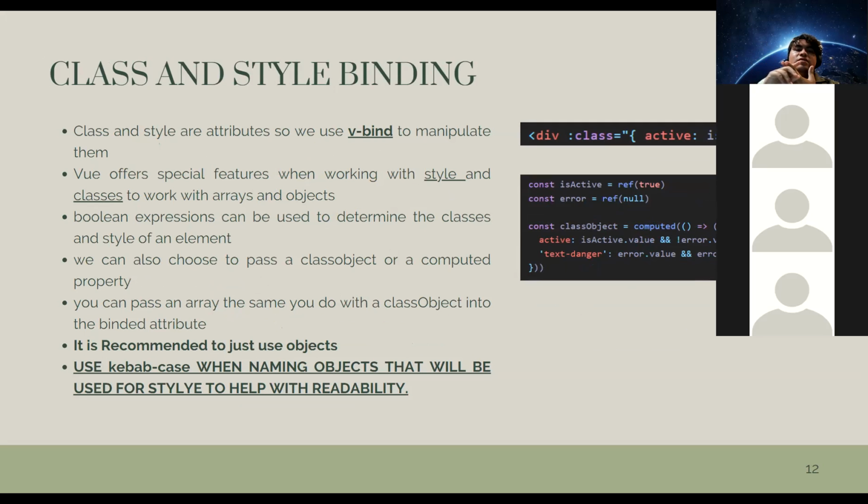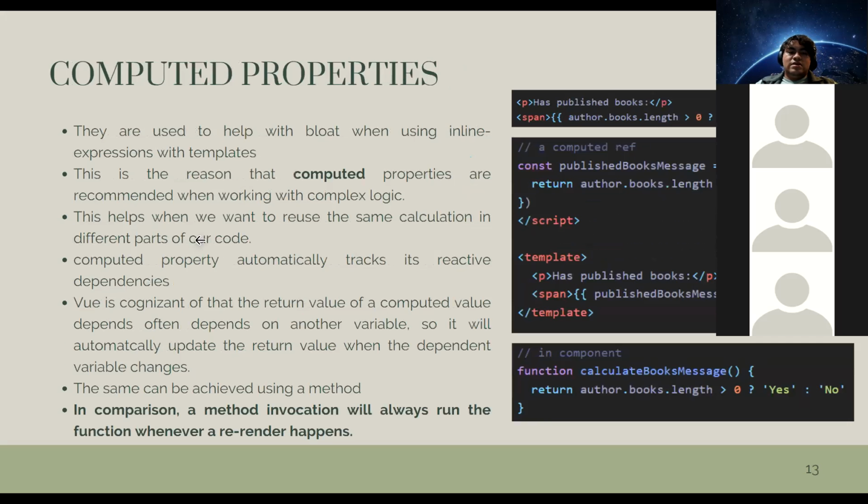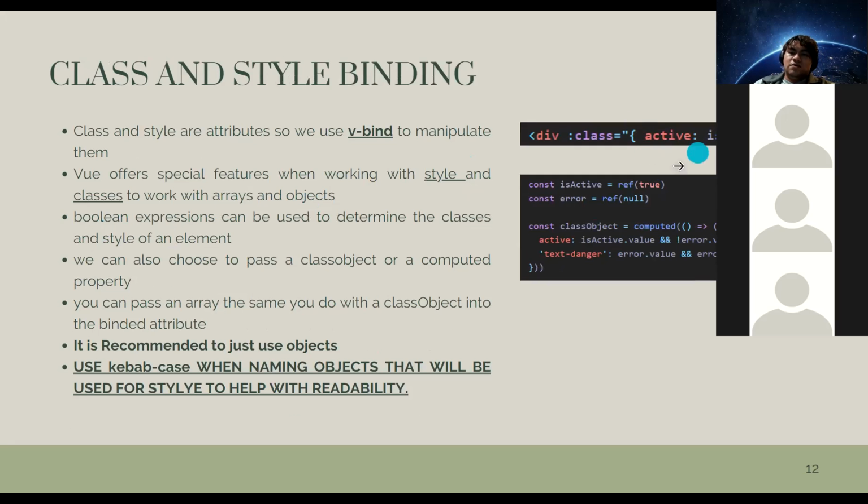You can either give it an object or an array. If you give it an array, you're able to just give it a string. But if you define an object, you can actually say if some of those are true or false. I don't think it gives an example of that. Oh, actually, right here. So this is what I was talking about.